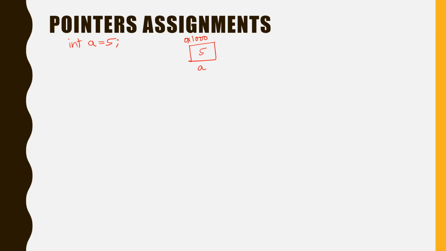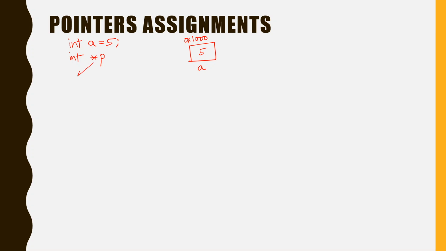Now, creating a pointer. To declare a pointer, both have to be of the same data type, so it will also be of the basic data type, that is integer. And instead of writing a normal variable, it has an asterisk before the name of the variable.